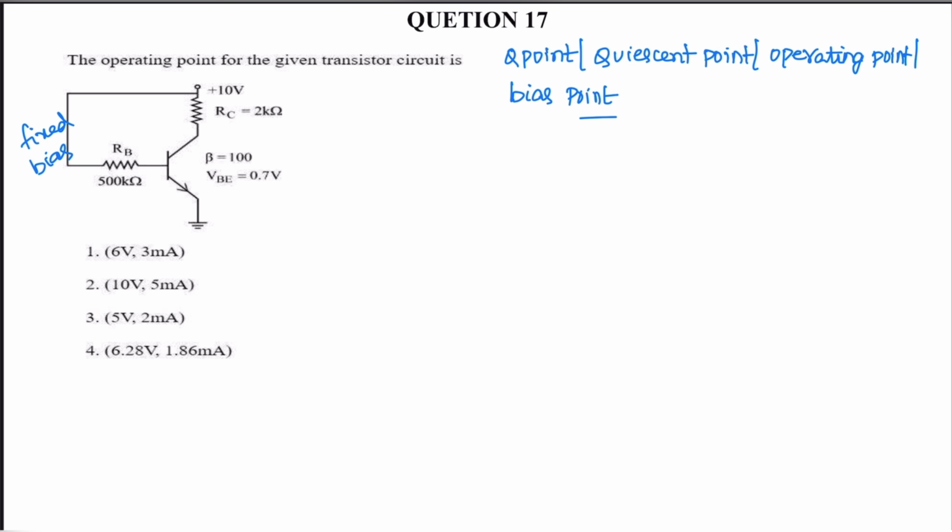So we need to calculate the Q point or bias point. Given VCC is 10 volts.